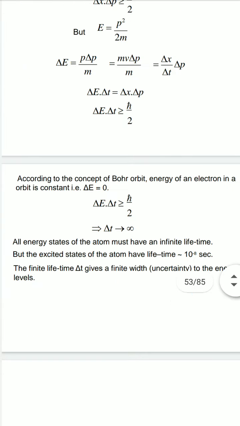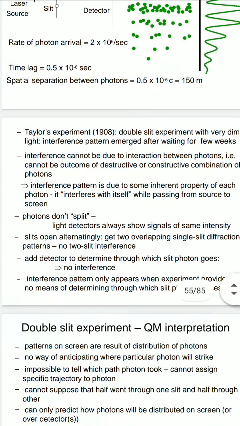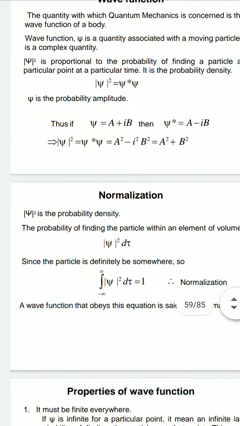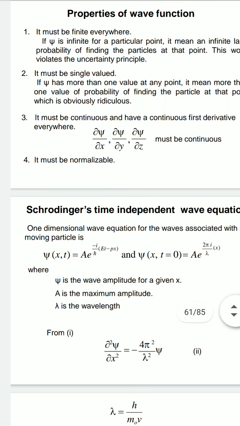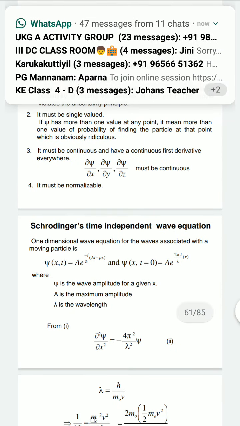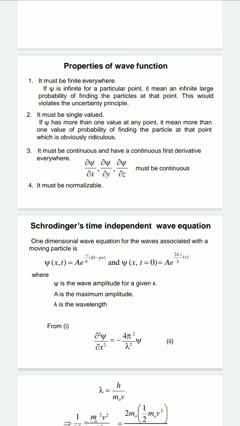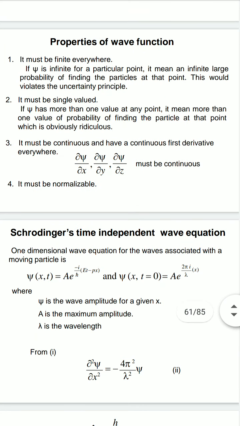Now let us go to the Schrodinger time independent wave equation. Let us take psi as A into, here a one dimensional wave equation for the waves associated with a moving particle. The wave function is represented as A into e raised to minus i by h cut (Et minus px). This is the wave function of a moving particle in one dimension.